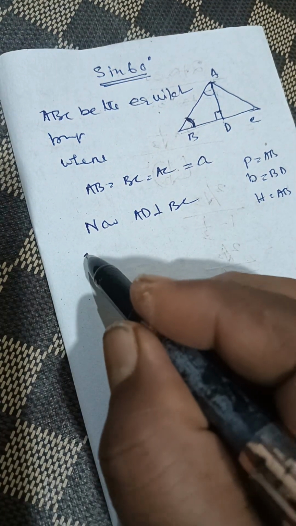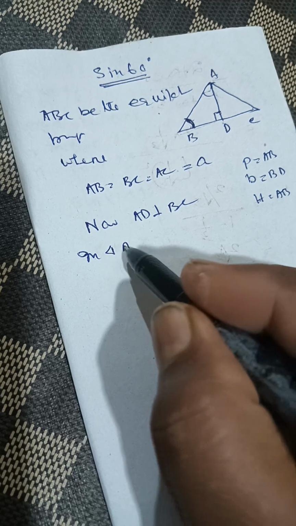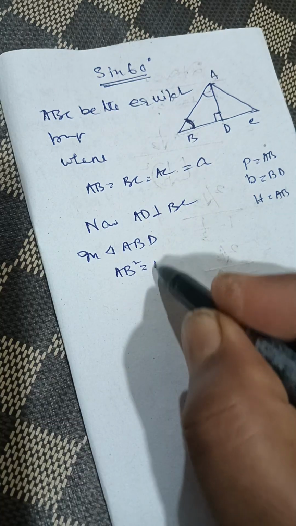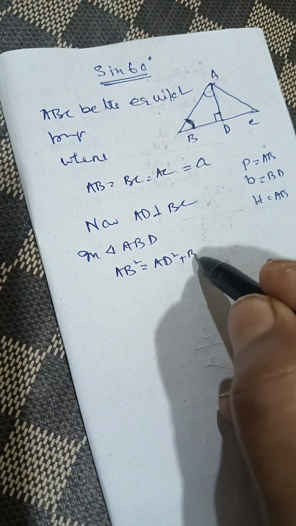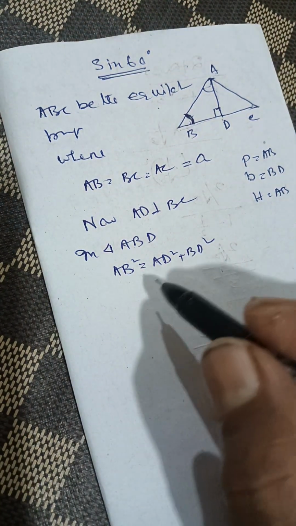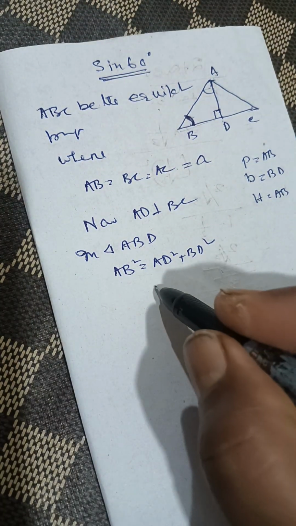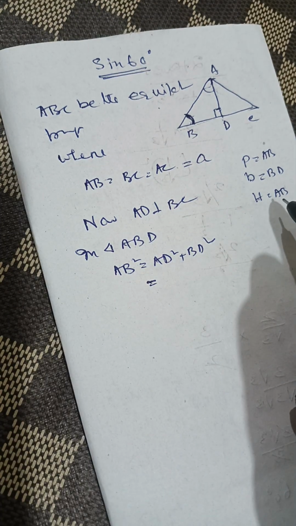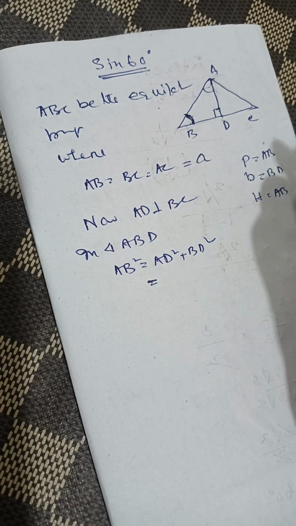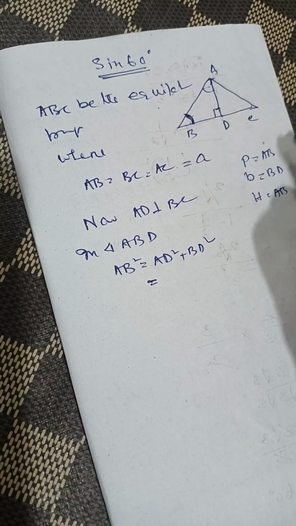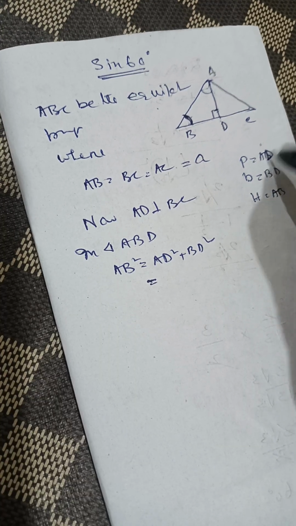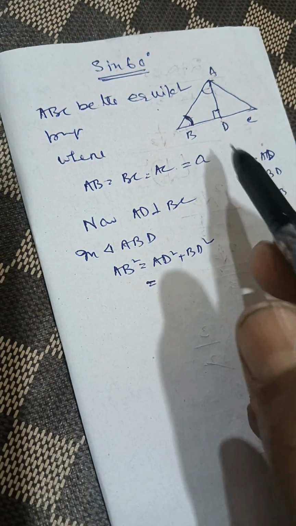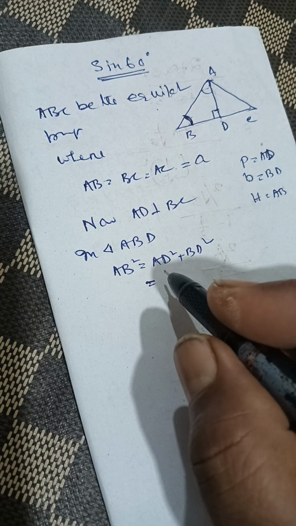Now you write in triangle ABD, AB square equal to AD square plus BD square. We have to find the value of AD.